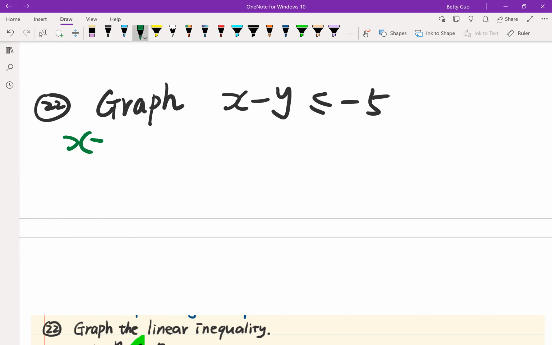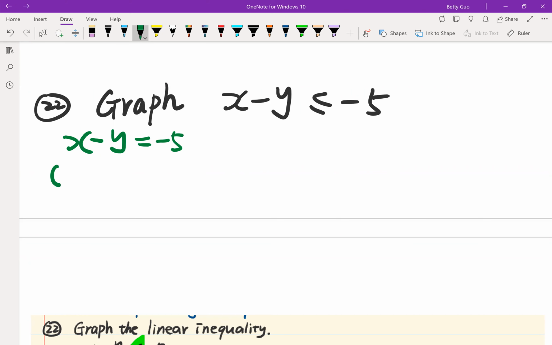Do you remember the first step, Sammy, when you graph a linear inequality in 2 variables? You change the inequality symbol to an equal sign. That's the boundary line, and we need to graph the boundary line.